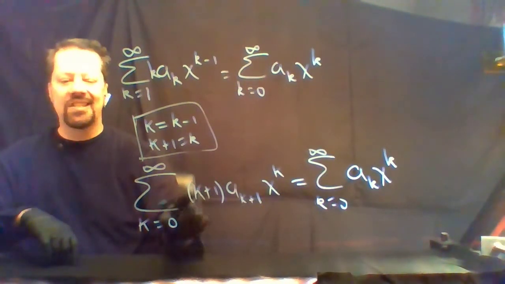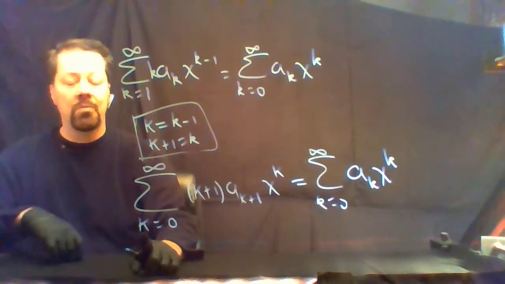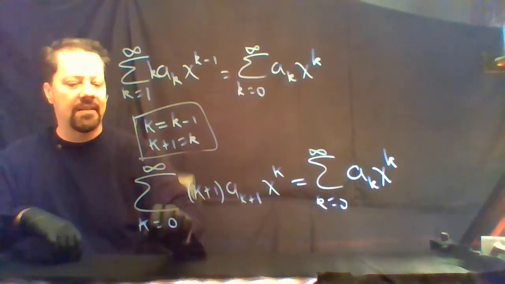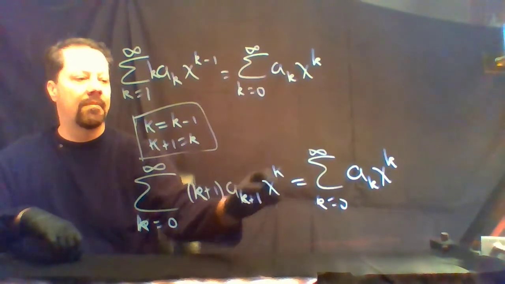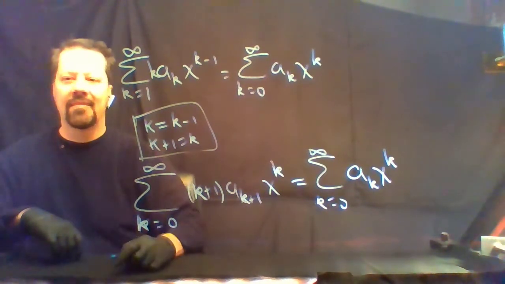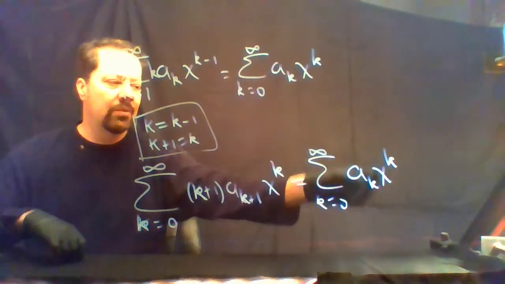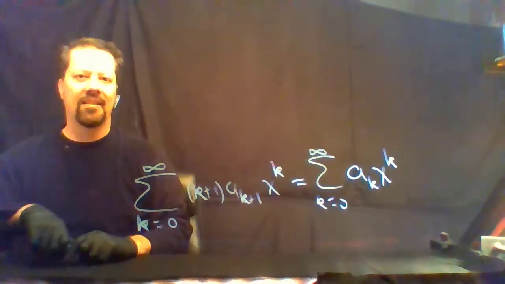And again, because this k is really a dummy index, a dummy variable, we can just pretend that the new k is the same as the old k. We can just rename it. Now, coefficients of x to the power k on one side will equal coefficients of x to the power k on the other side.